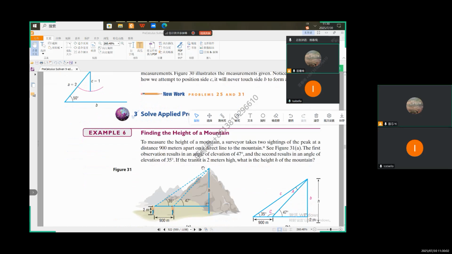So B over the hypotenuse, so C. Okay, and sine.